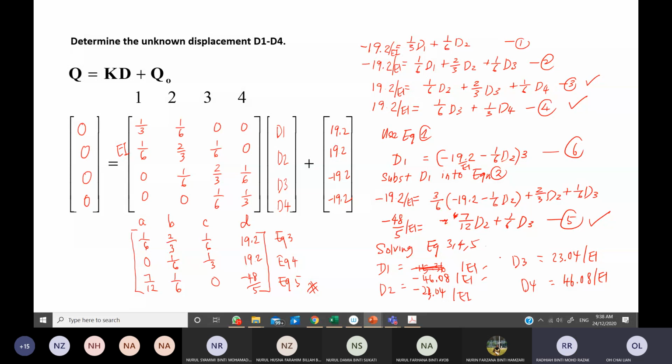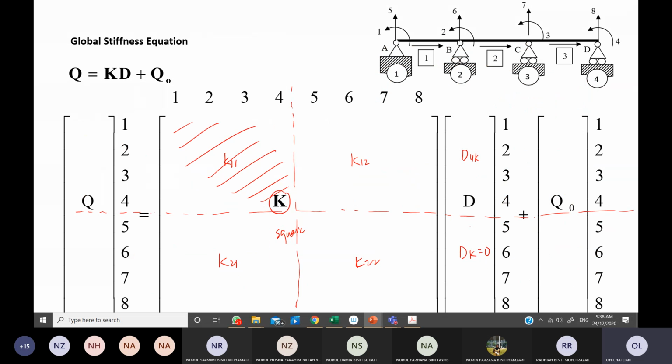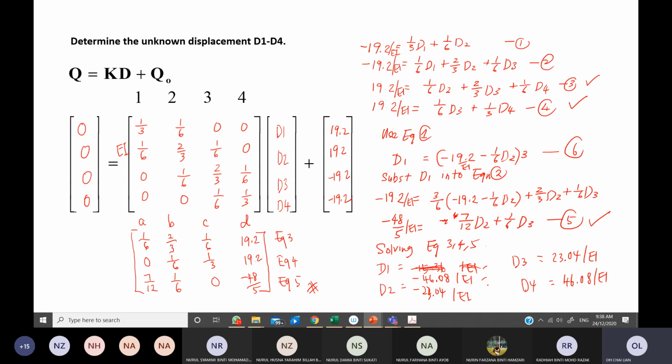Maybe it's not familiar for the first time. We managed to solve D1 to D4, but we haven't given them the unit. You can see that 1, 2, 3, 4 are all rotations, so your unit will be radian.